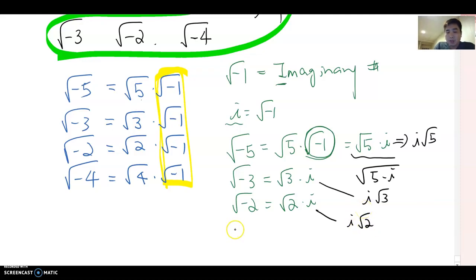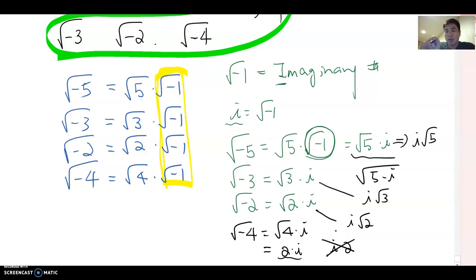But root negative 4 means root 4 times i. In other words, you can write 2 times i. In this case, we don't write i times 2. That looks much weirder compared to 2i. So we don't write like that.